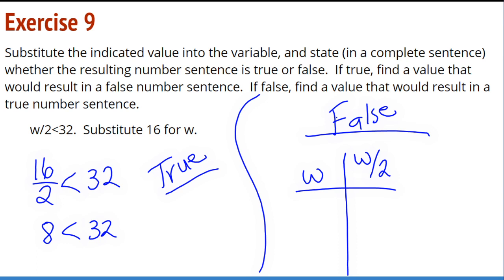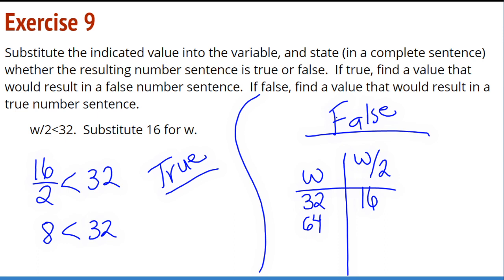Now I'm thinking in my head here that even if I take 32, if I put 32 in for w and divide it by 2, I've got 16. And 16 is still less than 32. I need to get a number even bigger than 32. So I figure I've got to at least double the 32.